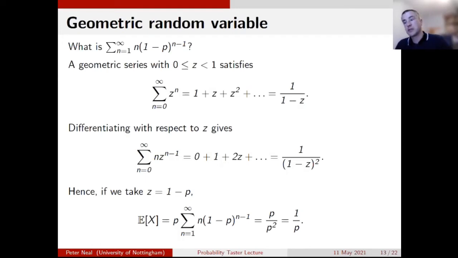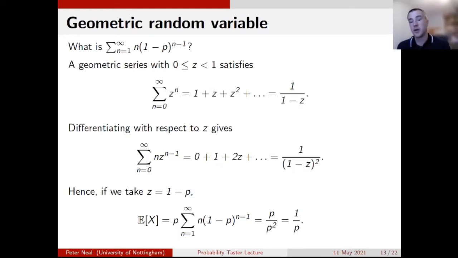So these make sense. We could think of simple examples of this, such as how many times do we need to toss a coin before a head appears? In that case, assuming we have a fair coin, p will just be equal to a half, and this tells us that on average we'll have to toss the coin twice. And moving on from coin tossing, which is one of probability lecturers' favourite things, to rolling dice.